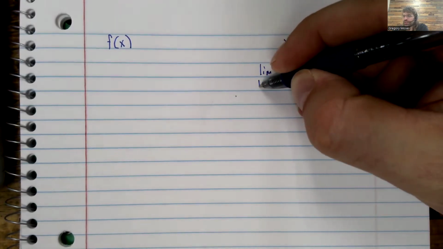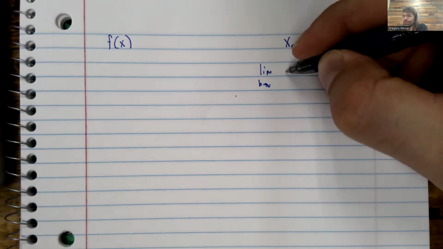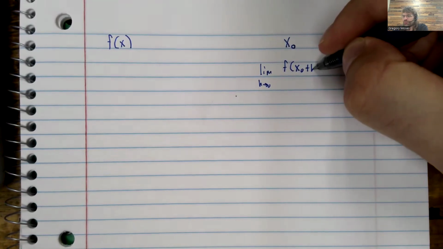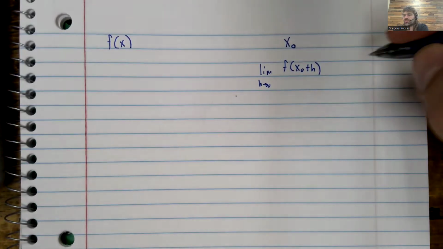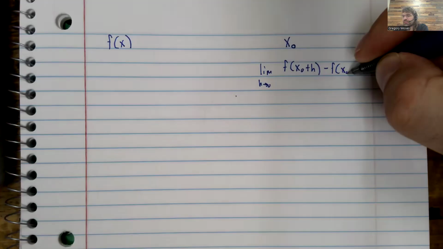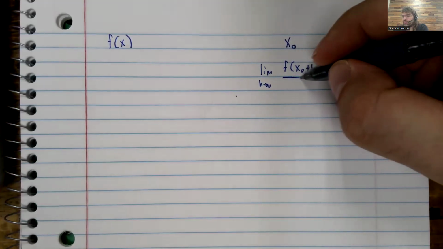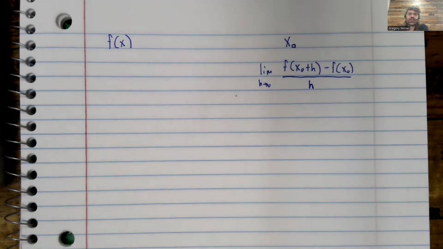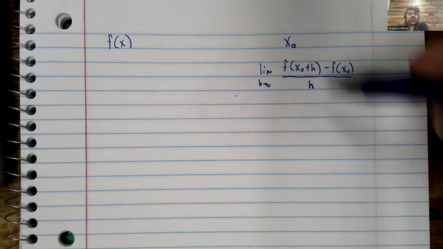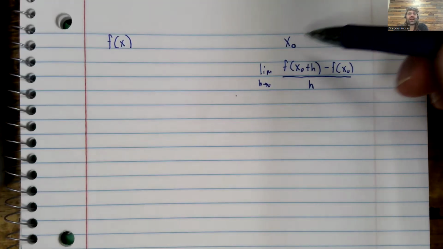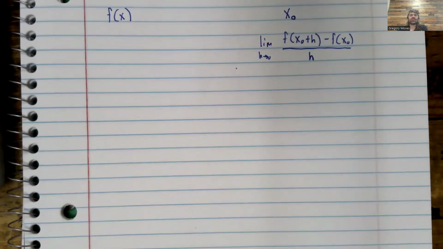The limit as h approaches 0 of f of x sub 0 plus h minus f of x sub 0, all divided by h. The derivative is just this, except that we're not going to have a set value x sub 0.